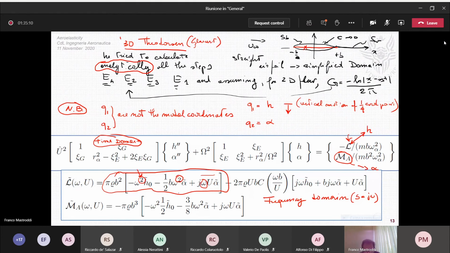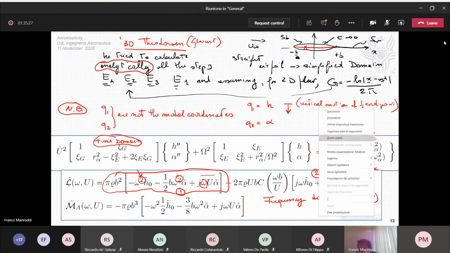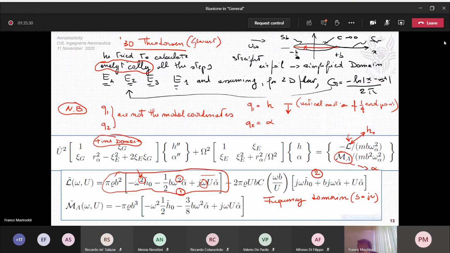But we don't have only this part. We have also this part here. And in this part, we have, again, the same quantity, like h0, the vertical displacement of the origin of the axis, which is at 1/4 chord, okay?